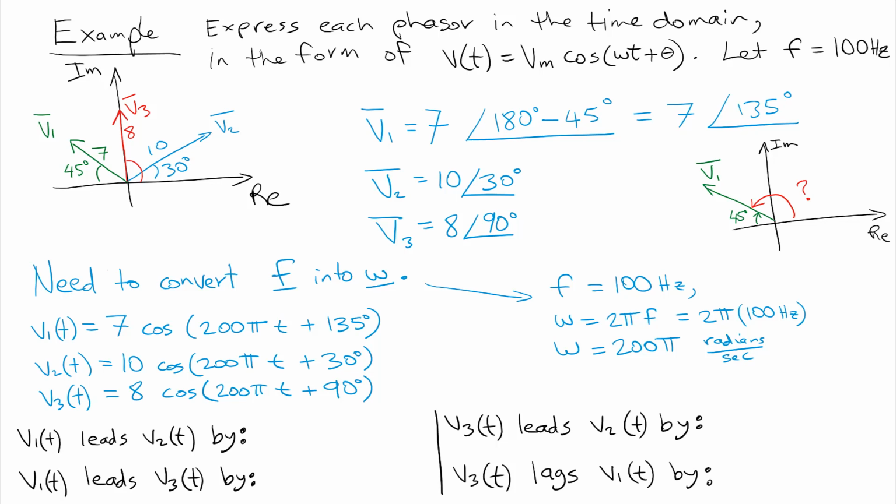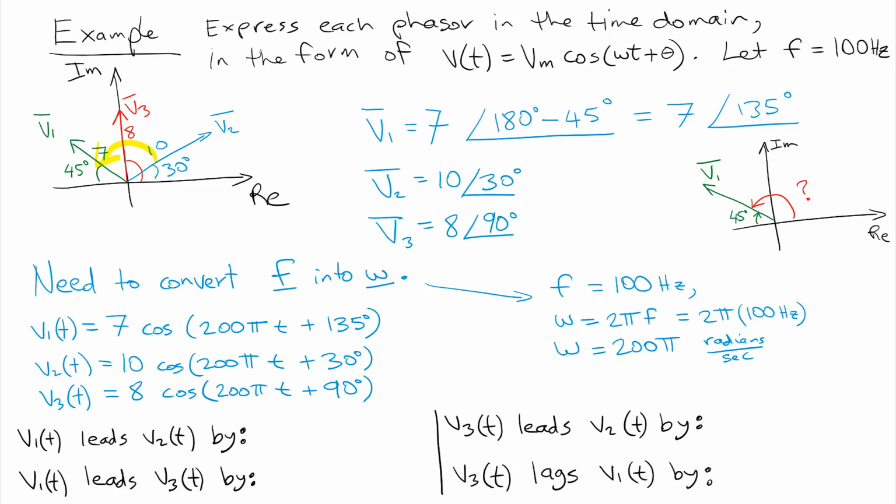So let's consider: V1 leads V2 by how many degrees? So what does that mean? V1 is up here in green. We've calculated that its angle is 135 degrees and it's leading V2. So we want to find out how much it's leading V2 by. What we want is actually this angle right here. How much ahead of V2 is V1?